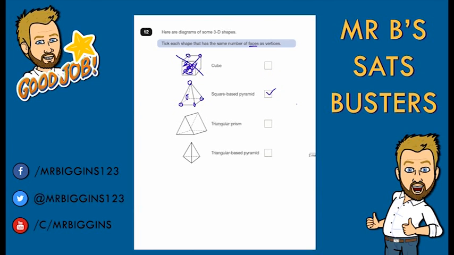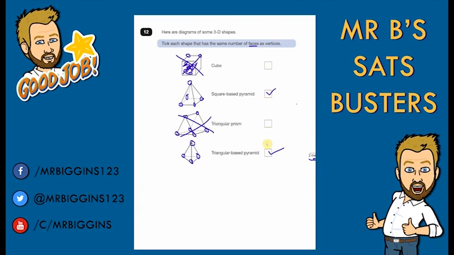So we would give that one a tick. Triangular prism has 5 faces, and 6 vertices. So it can't be the triangular prism. And the triangular base pyramid has 4 faces, and 4 vertices, so it's that one as well.